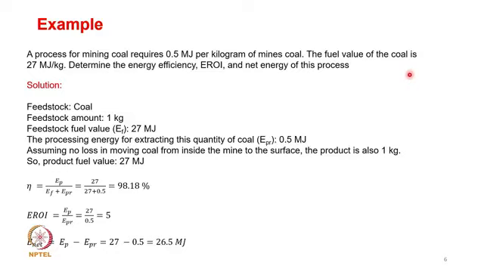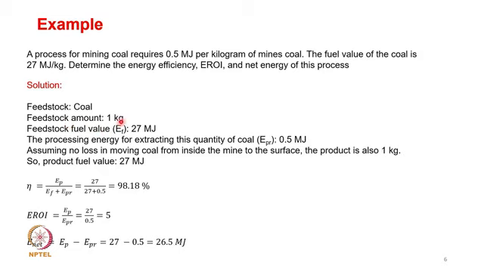Let's look at a simple example so that we can compute some of these metrics. A process for mining coal requires 0.5 MJ per kilogram of mined coal. The fuel value of the coal is 27 MJ per kilogram. Determine the energy efficiency, EROI, and net energy for this process. So we know that the feedstock is coal.